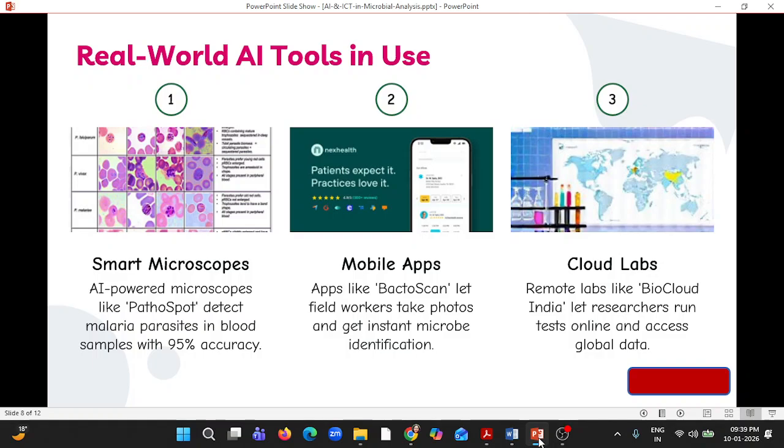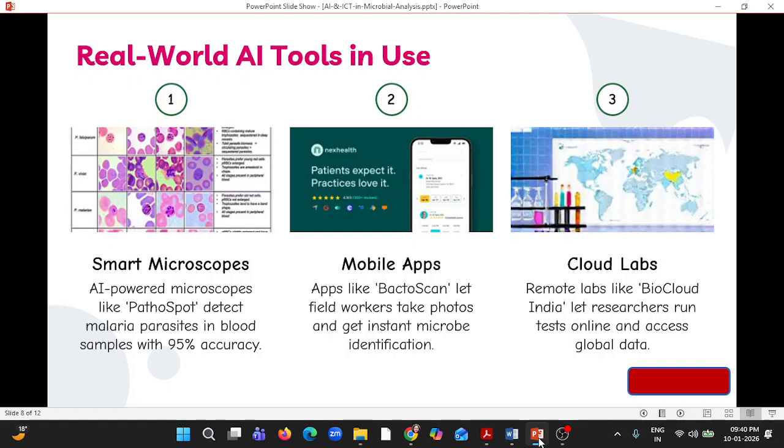Real-world AI tools are also available in the markets. AI-powered microscopes combine digital imaging with machine learning algorithms to automatically analyze microscopic samples. For example, tools like PathoSpots can scan a blood smear and detect malarial parasites by analyzing their shape, size, and staining patterns.